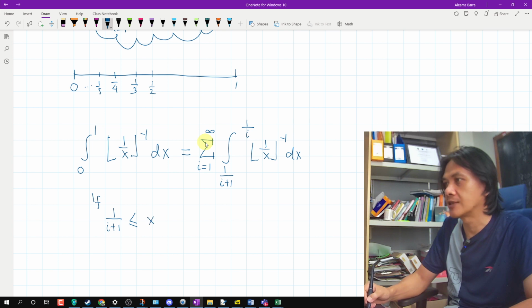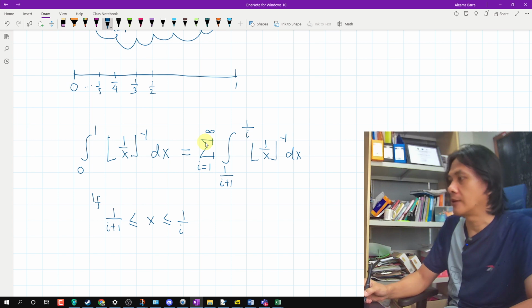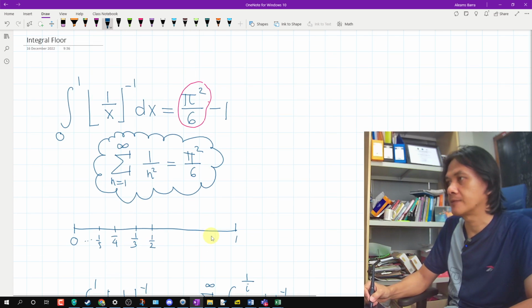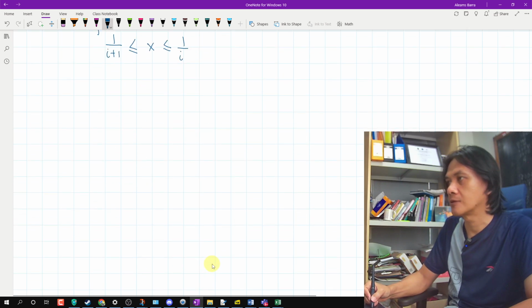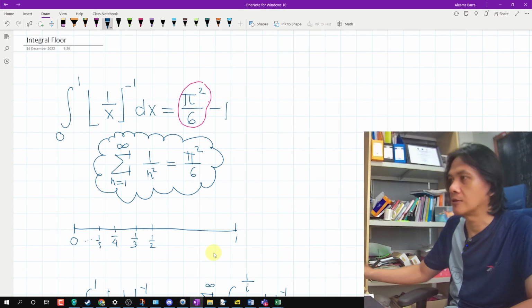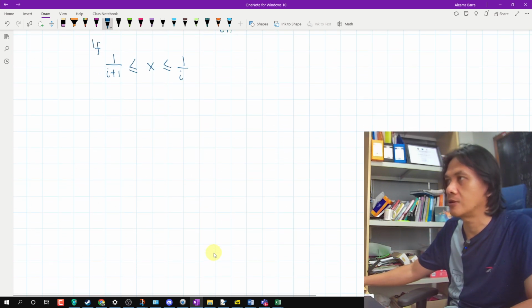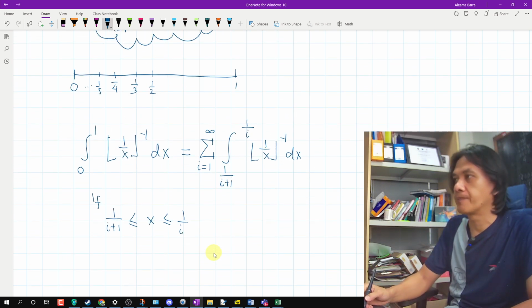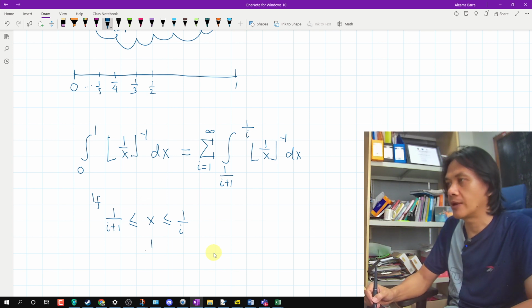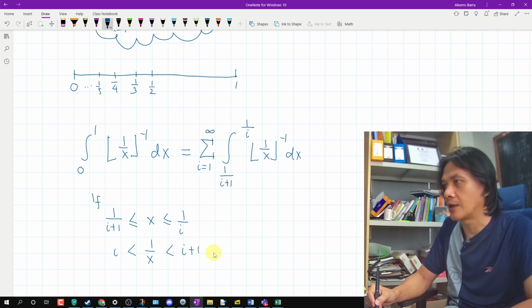So if x is in here, then 1 over x will be between i plus 1 and i.